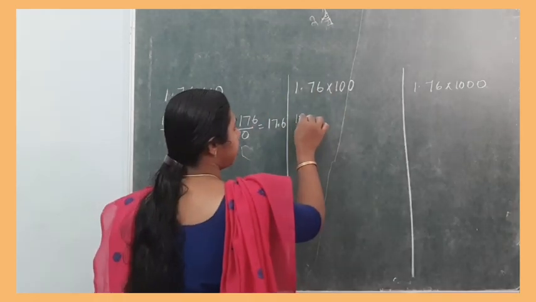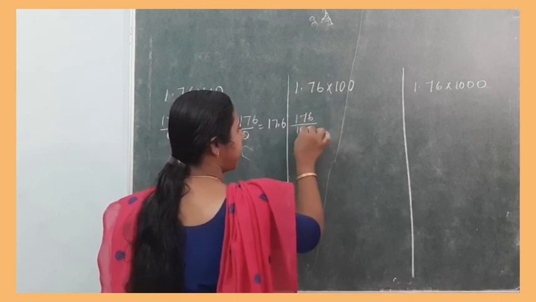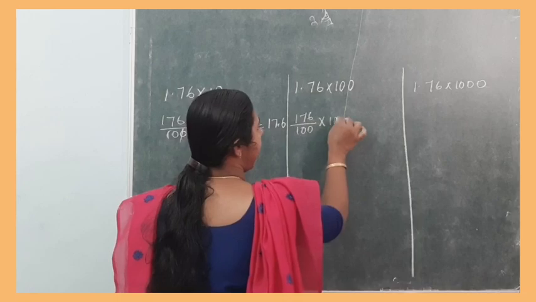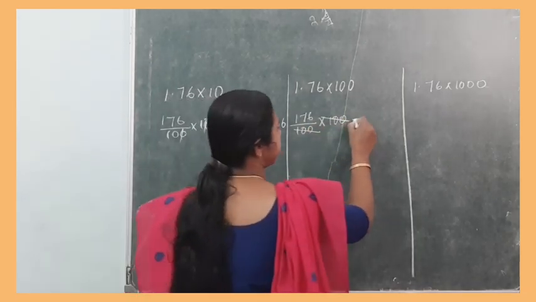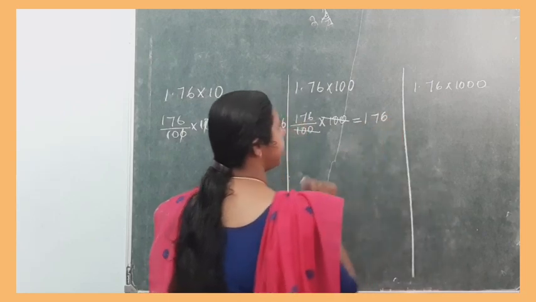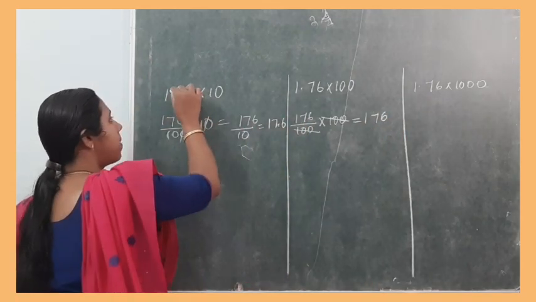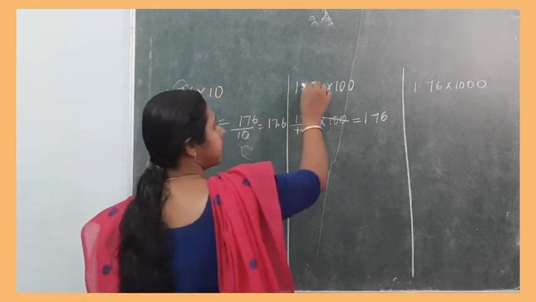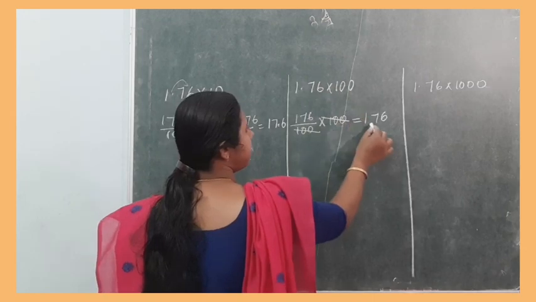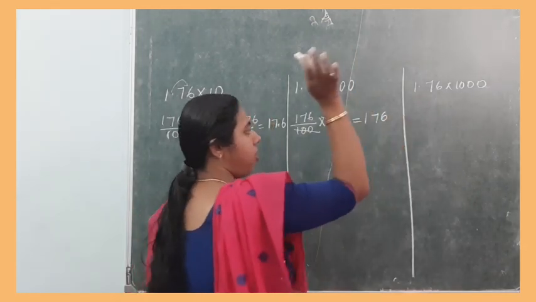So 1.76 we can write as 176 by 100 into 100. 100 and 100 cancelled, which is equal to 176. See here the decimal point is moved 1 place to the right. Here the decimal point is moved how many places to the right?